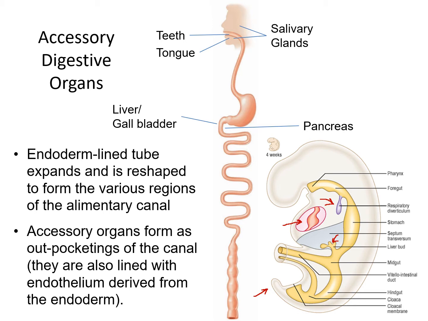Cloaca is Latin for sewer. And if you look at a lot of other vertebrates, reptiles, birds, fish, they all still have a cloaca. They have this one single opening. But of course, as we develop and as other mammals develop, those openings separate out, which is nice. It would be, I think, maybe a bit gross to have a cloaca.